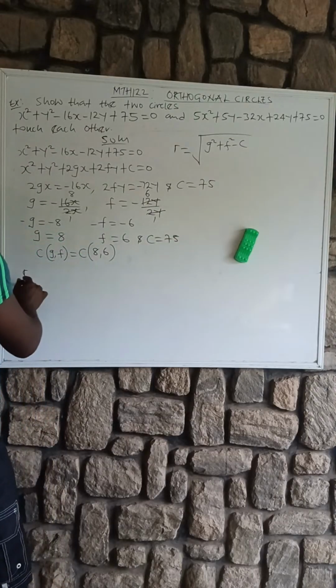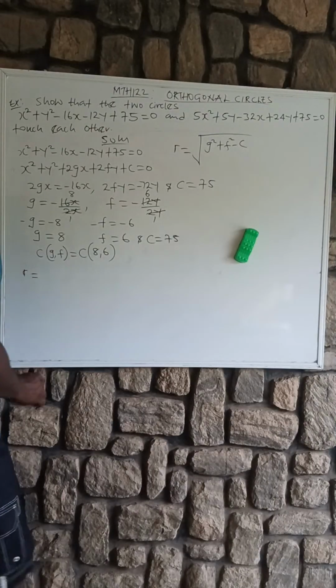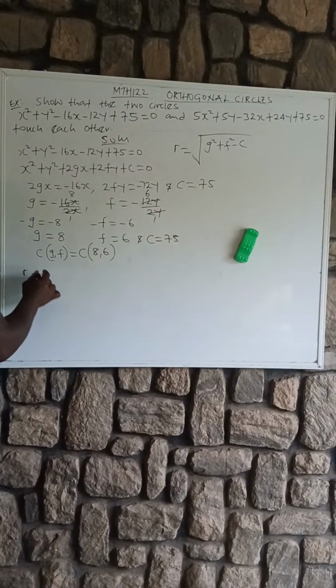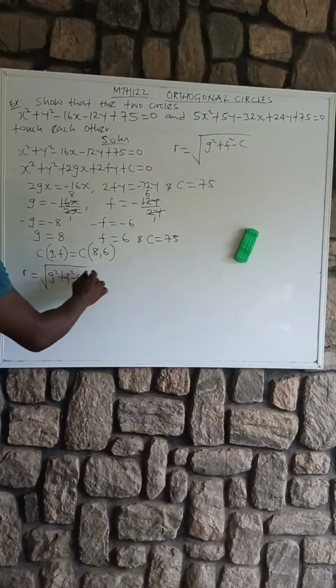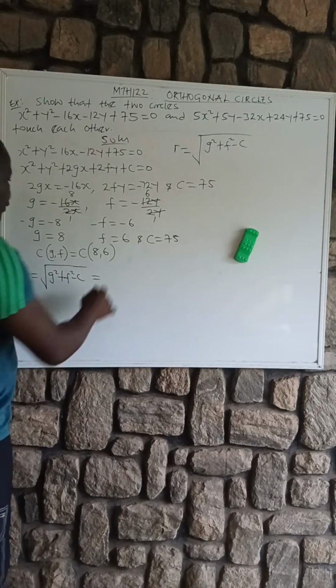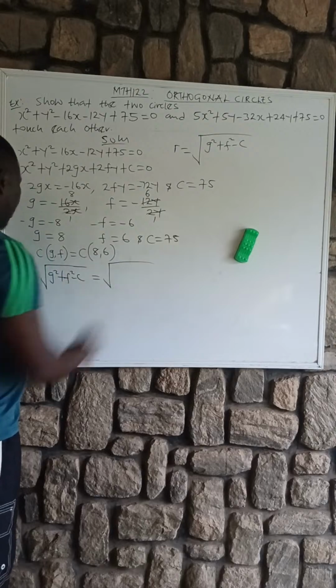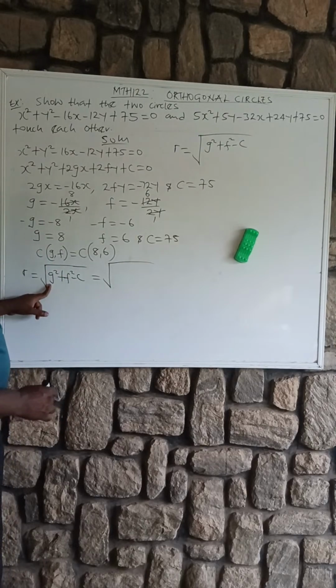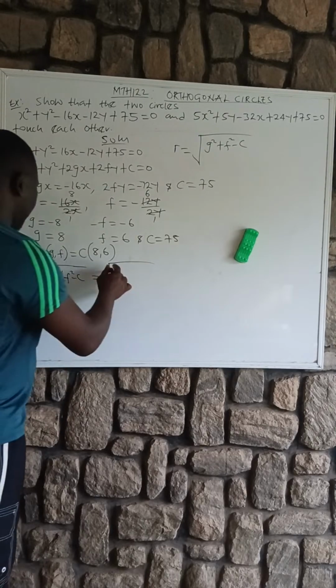So our radius r will now be equals to the square root of g squared plus f squared minus c. Then this is equals to the square root of, g is 8, right?